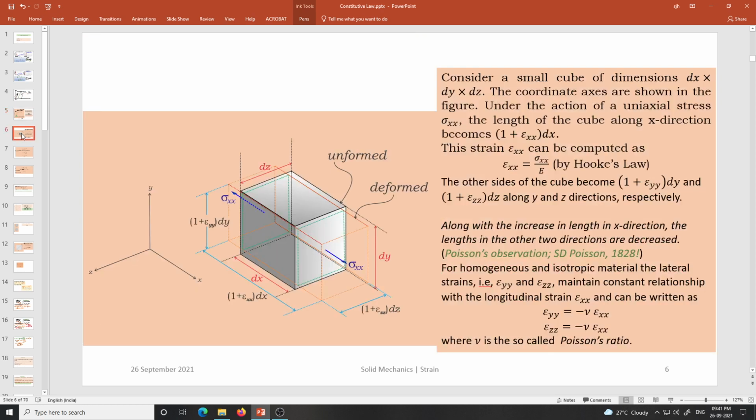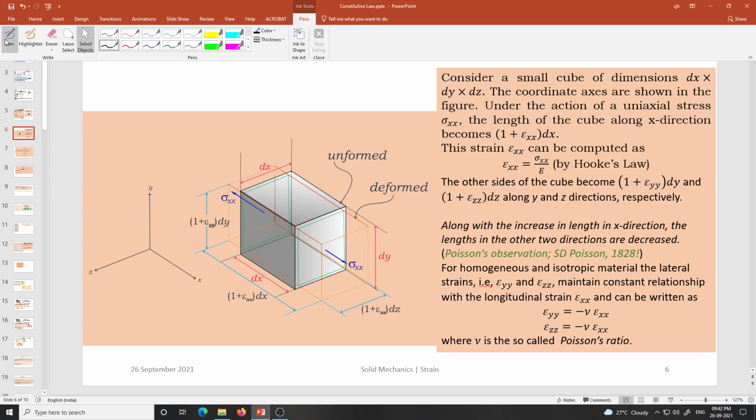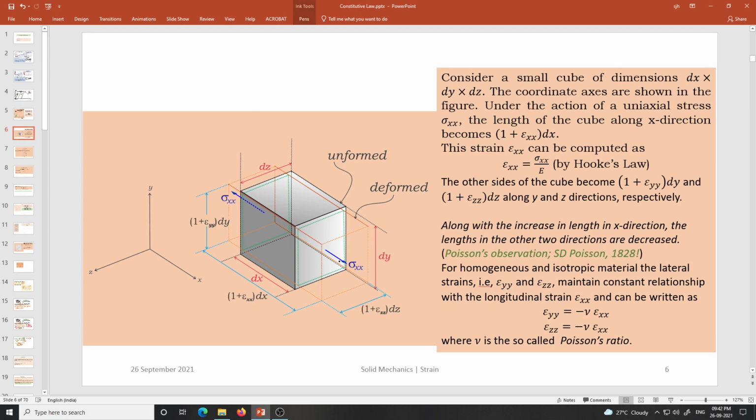Now let us consider the elementary body, this cube of dimension dx, dy and dz, and here we assume that this small differential element is subjected to the axial force P along the x direction, and because of that sigma xx is getting developed, which is Px over dy dz.